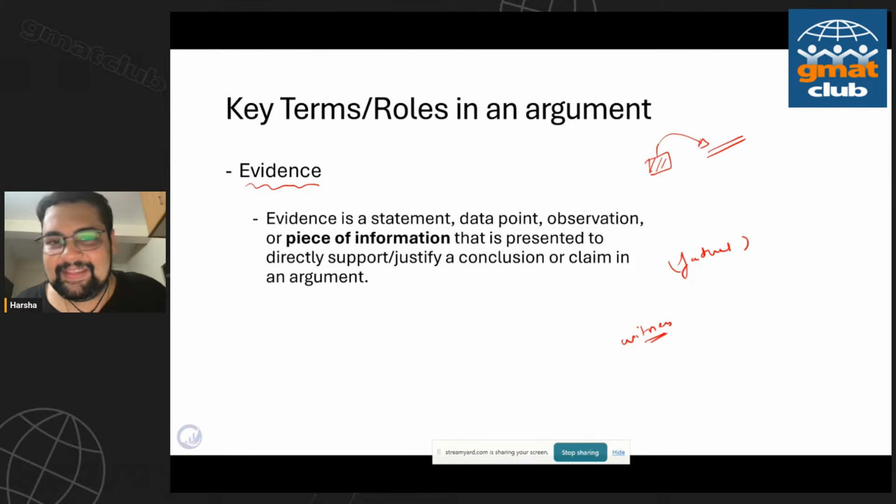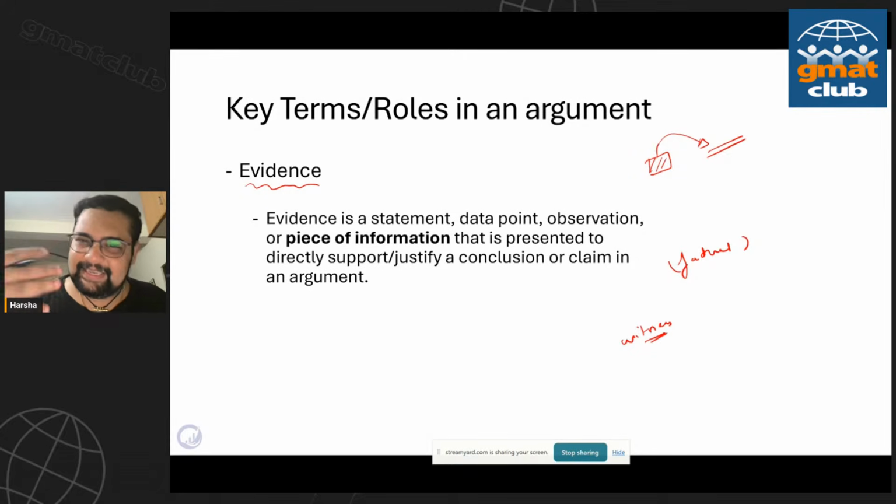Again, don't judge me. So you do see cases where evidence need not always be a piece of fact, but those are usually facts. Another aspect of boldface that I really want to impress upon you is keep an open mind, keep a flexible mind. That's also very important. So evidence is essentially any piece of information that supports or justifies a certain conclusion or claim, right? So I hope this is also clear.